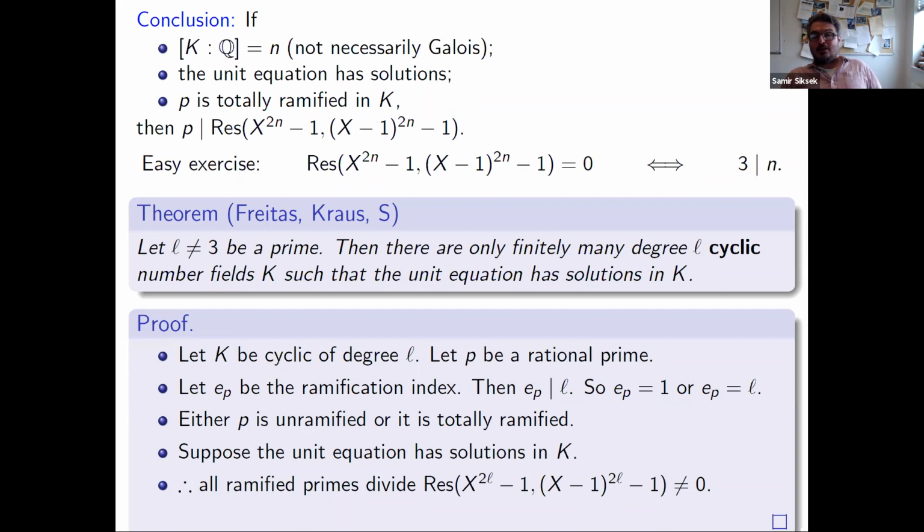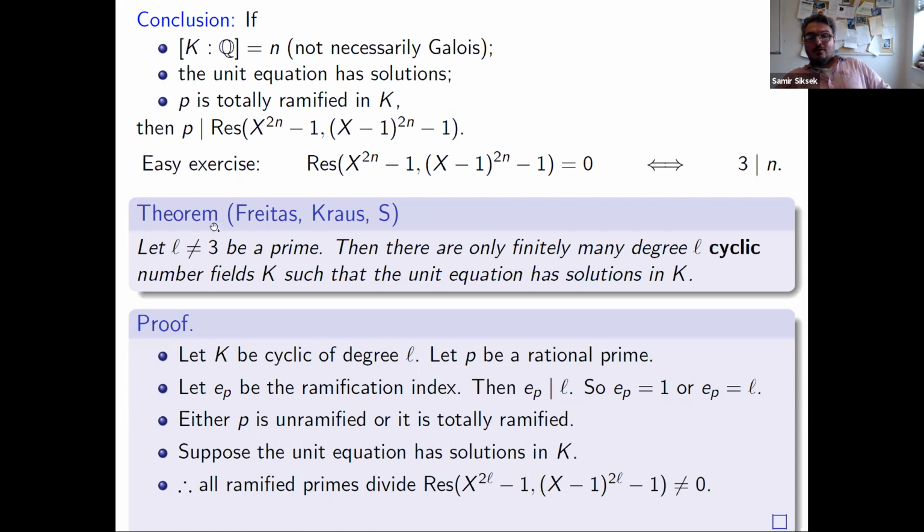So where do these two circles intersect? They intersect at the primitive 6th roots of unity. And so if the resultant is 0, then you know what the common roots are, and it means that 2n must be a multiple of 6, and so n must be a multiple of 3. So that's how to do this.